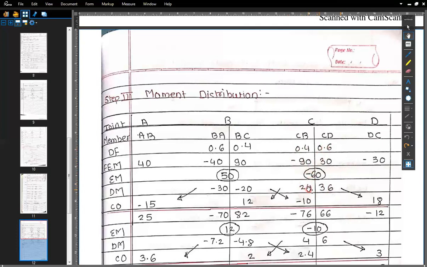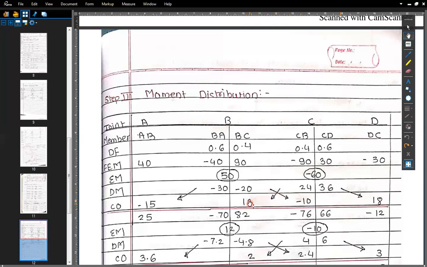And we are going to carry over half of this 24 to the joint B. Half of 24 is 12, because this joint B is an intermediate joint, so we'll transfer half of the moment 24, that is 12.